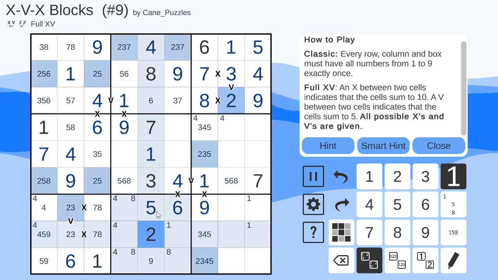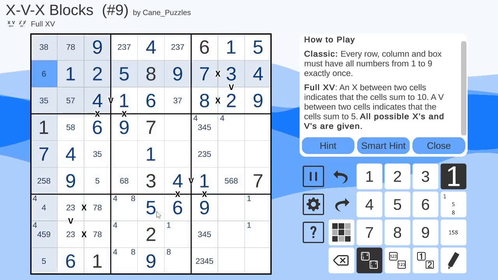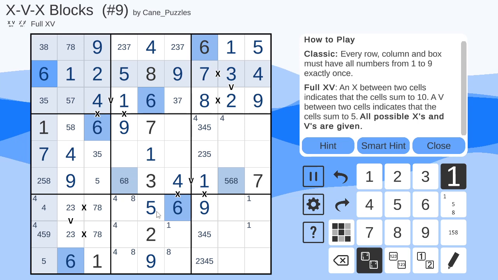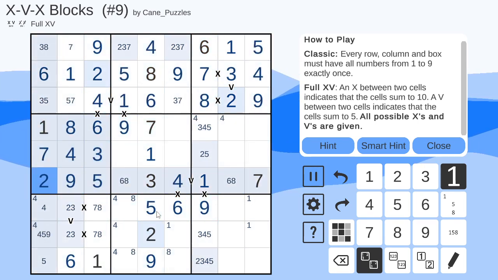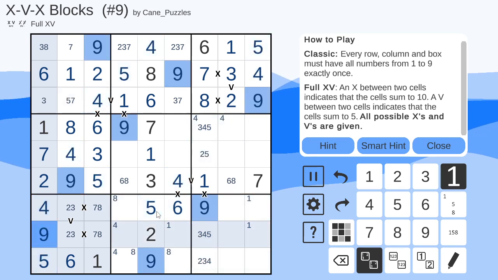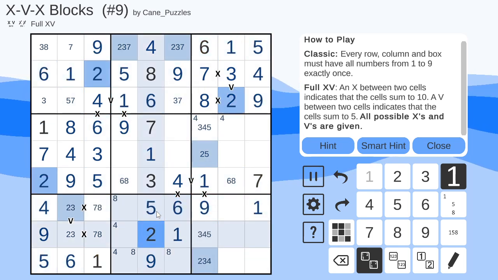The 5, 9, 6, 5, 2, 6. That's 5, 3, 8, 2, 4, 5, 9. 4s and 8s are still good in this area. 6-8 doesn't break.